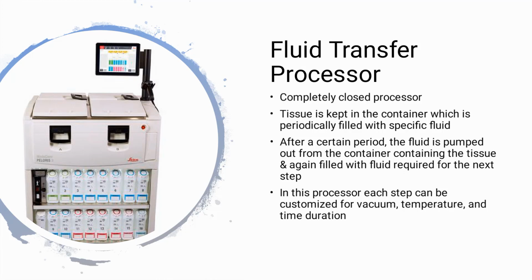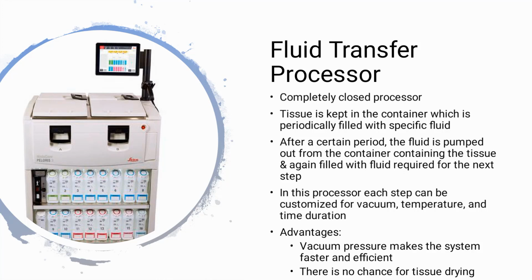In this kind of processor, each step can be customized for vacuum, for temperature and for time duration. It has the advantage that the vacuum inside the system makes the tissue processing faster and efficient. And in this system, the chances of tissue drying are very low.